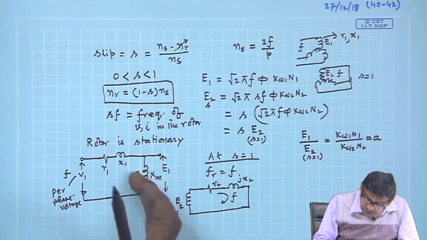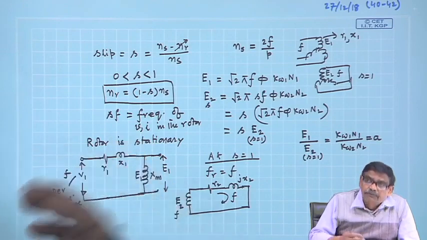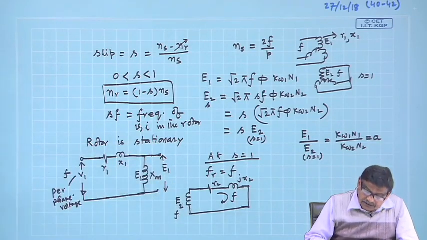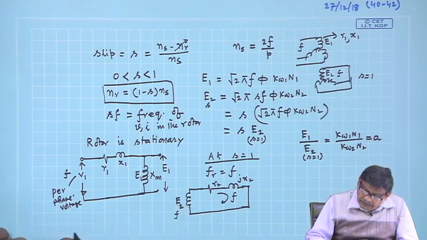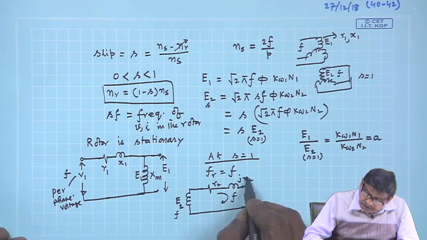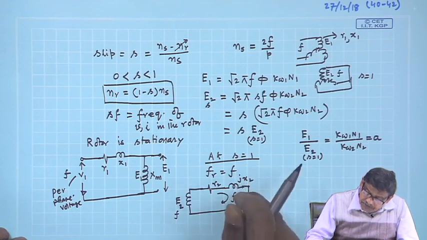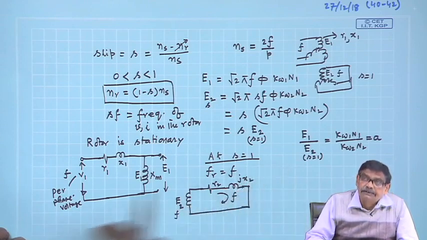So, these are sources of EMF in the case of the transformer equivalent circuit, from the circuit point of view, which we derived in the very first or second lectures. And this is the X2 here. What is X2? X2 is the leakage reactance.